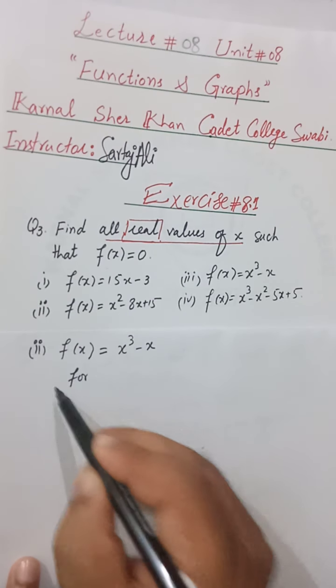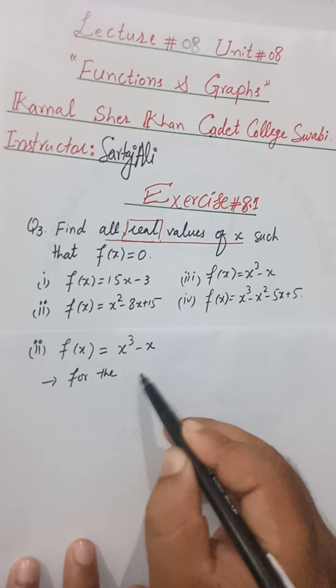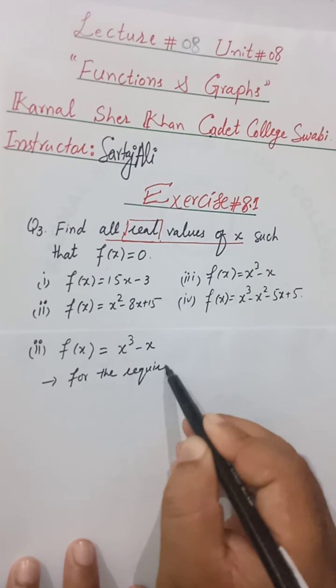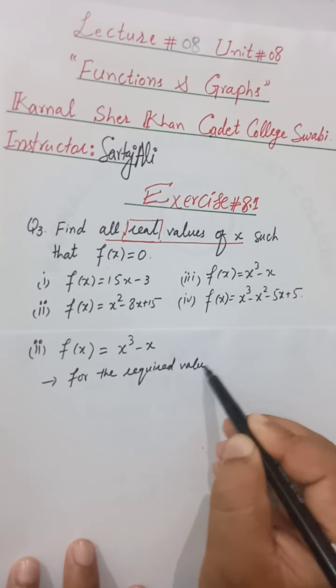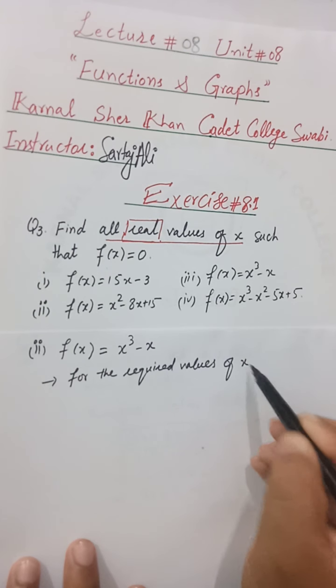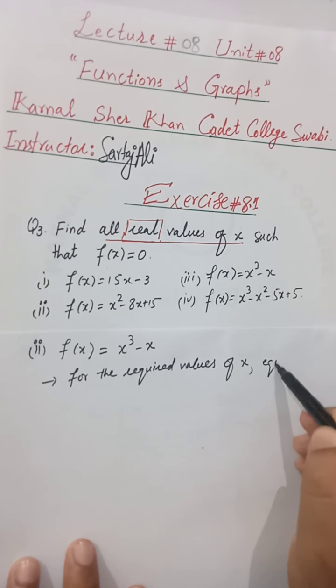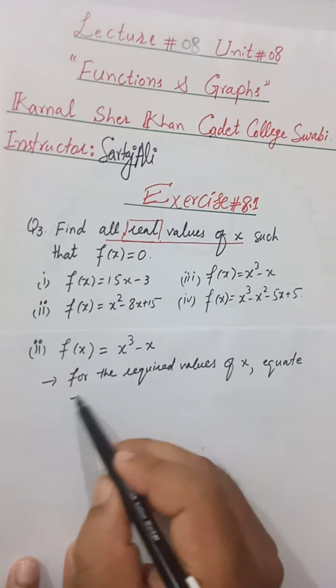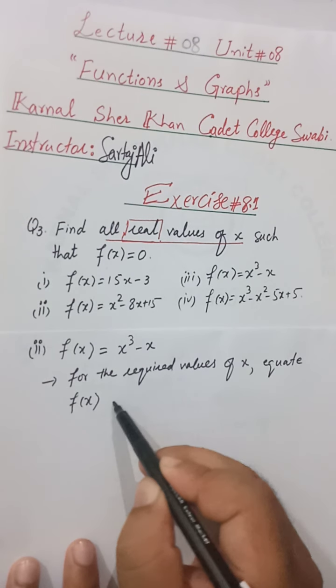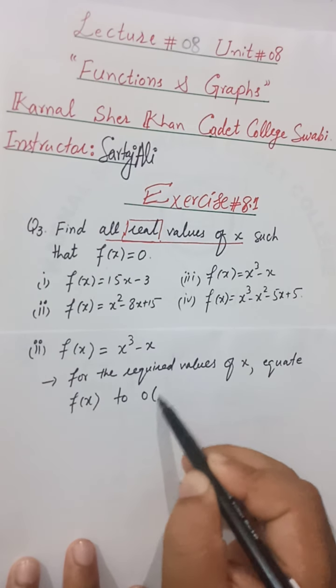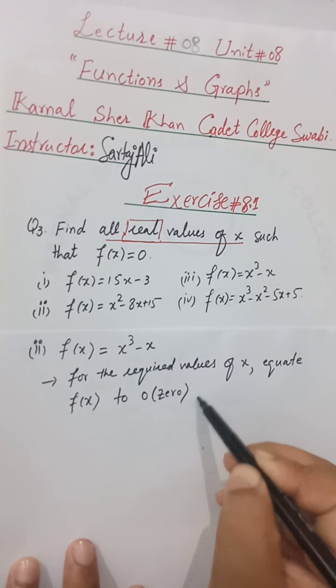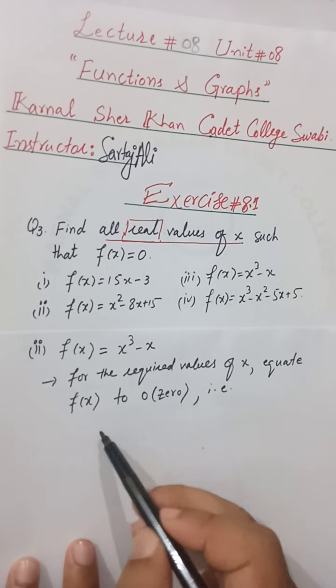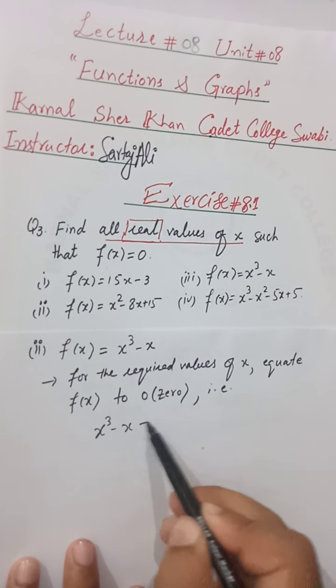So for the required values of x, equate f of x to 0, that is x cube minus x equal to 0.